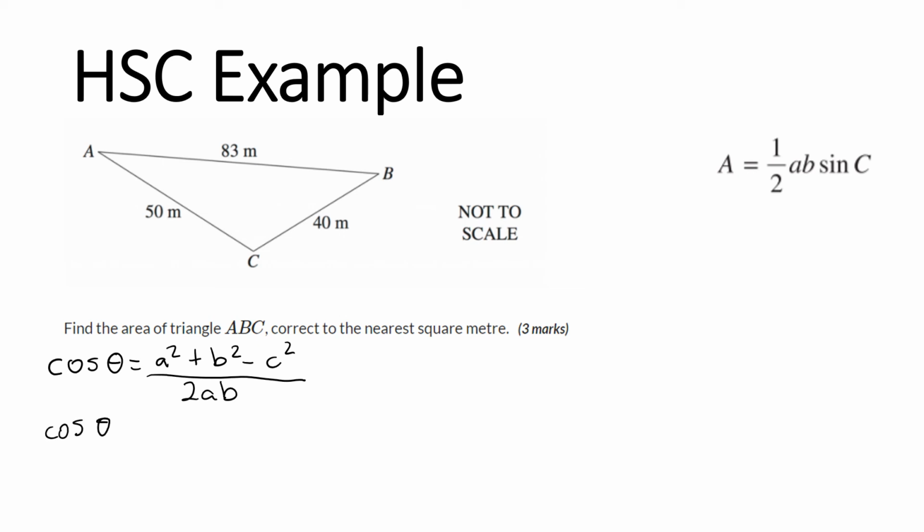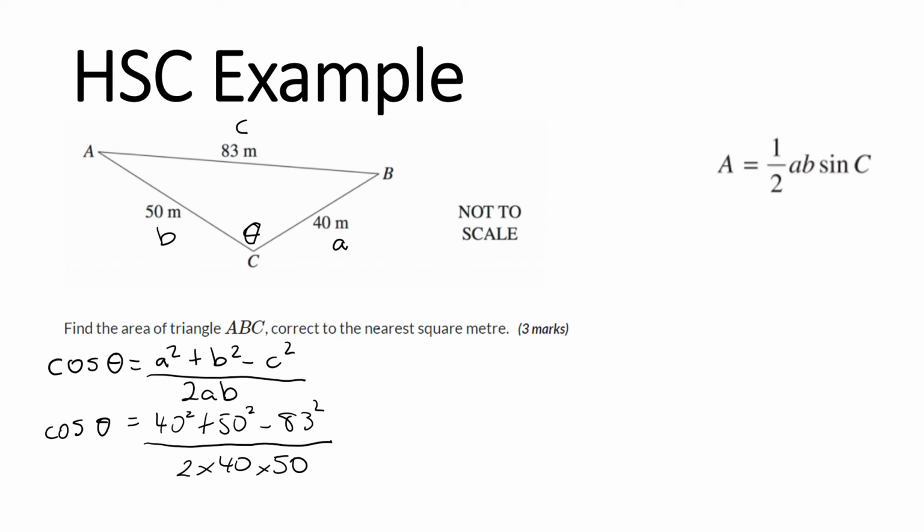Cos theta. Which angle am I going to find? Well, I can find any of the angles. So I'm going to find C. If that's C, that means this will be side C, and then this will be side A, and this will be side B. So we're going to have 40 squared plus 50 squared minus 83 squared all over 2 times 40 times 50.